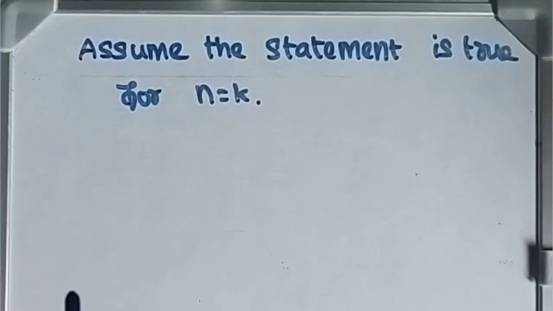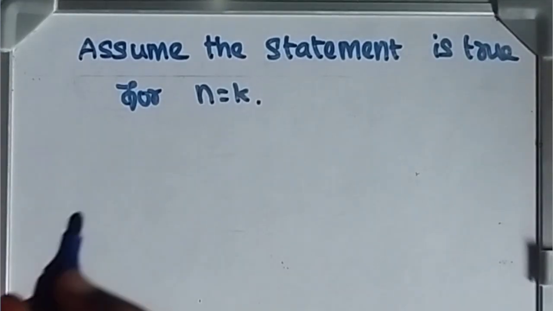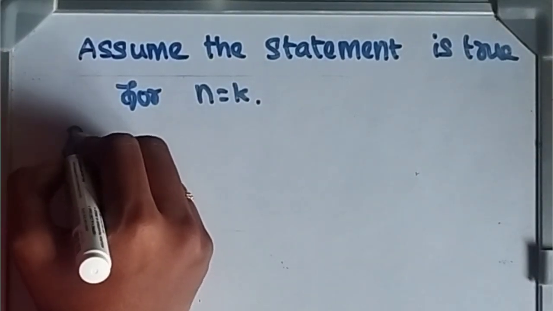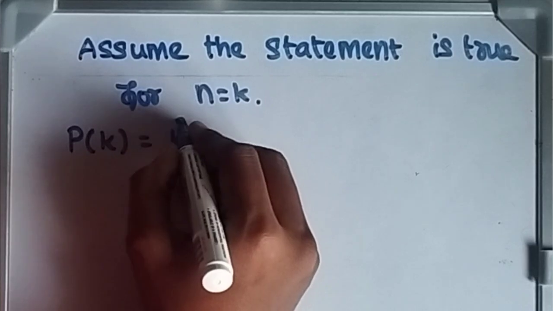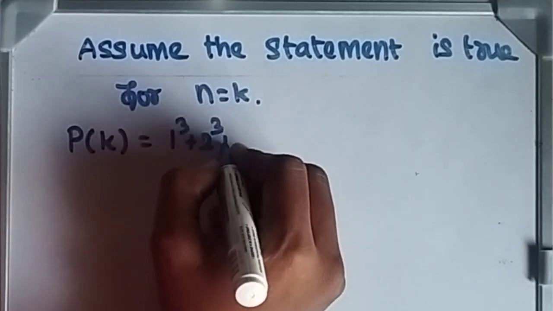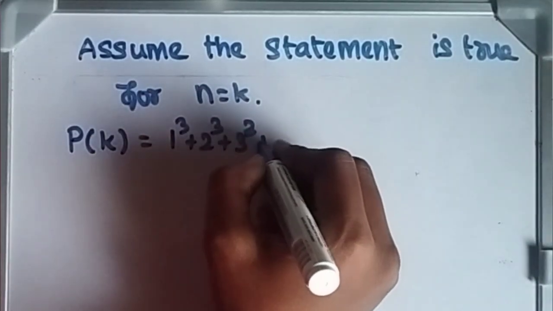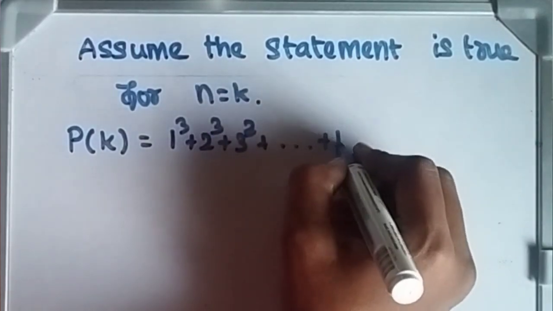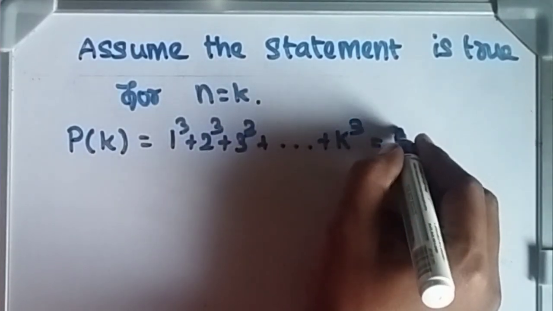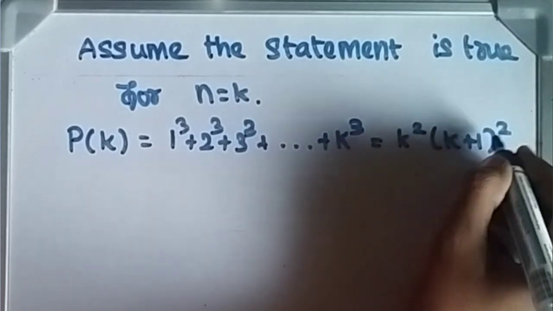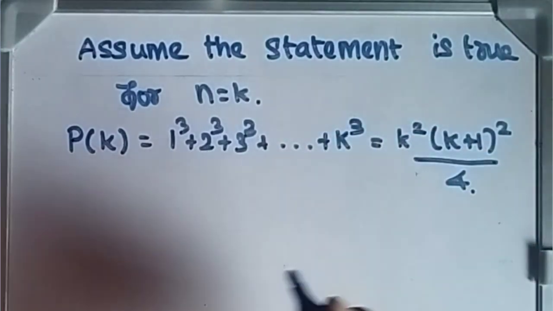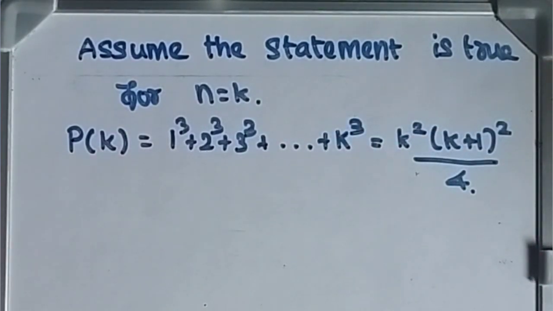Now we are assuming the statement is true for n equals k. Clear. So we are taking that p of k equals 1 cube plus 2 cube plus 3 cube and so on up to k cube, which is equal to k squared multiplied by (k plus 1) the whole square divided by 4. Clear. This is the second step.